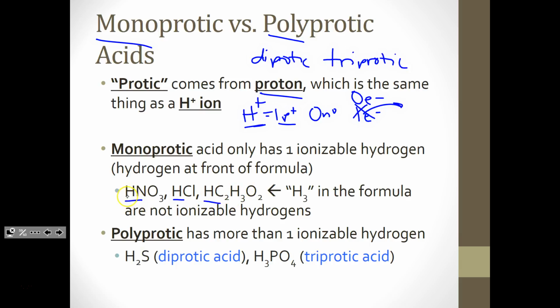All 3 of these have 1 hydrogen, and so therefore they're classified as monoprotic acids. Polyprotic acids are ones that have more than 1 ionizable hydrogen. So for example, H2S has 2 hydrogens, so it's polyprotic, and specifically we would say it's diprotic. H3PO4 is also polyprotic because it has more than 1, and we would say specifically that is a triprotic acid.